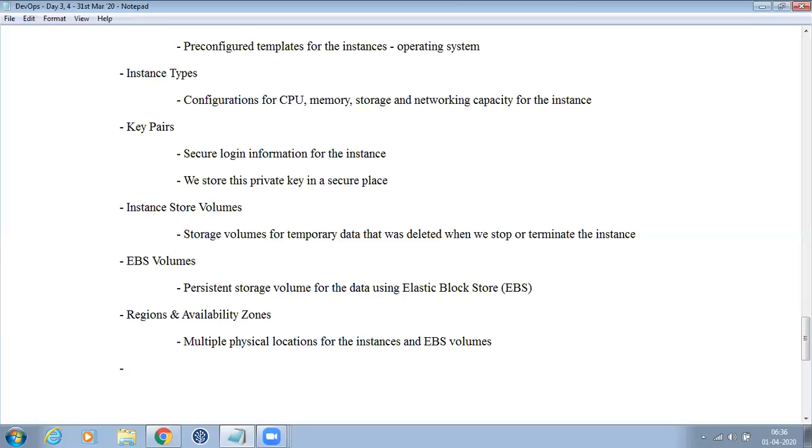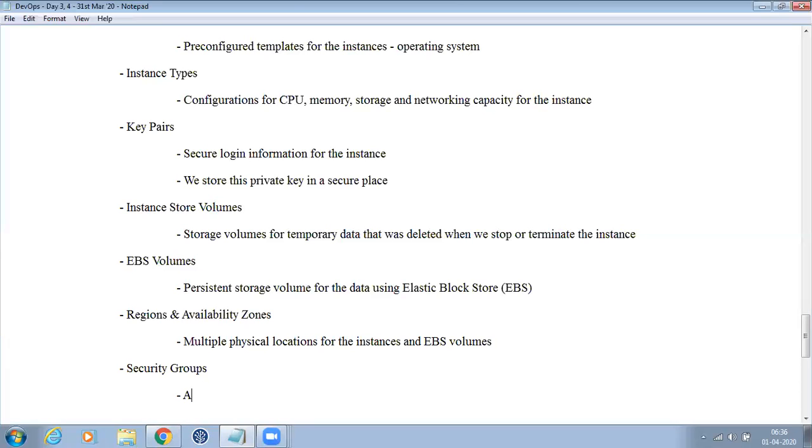Next, we have security groups. What is a security group?